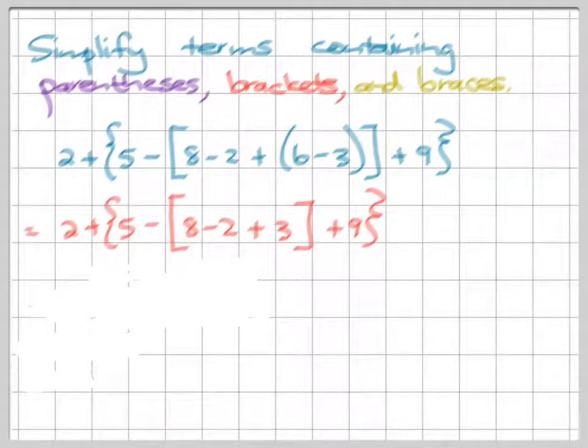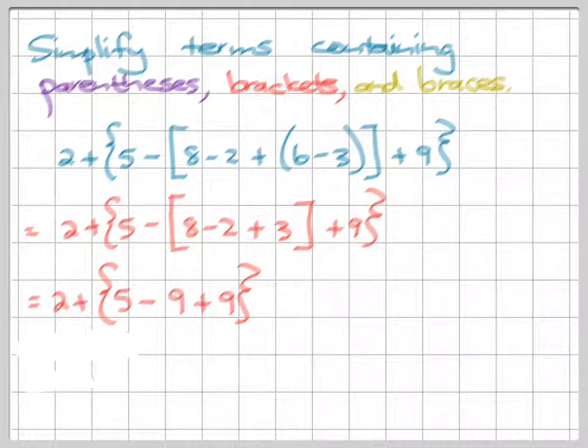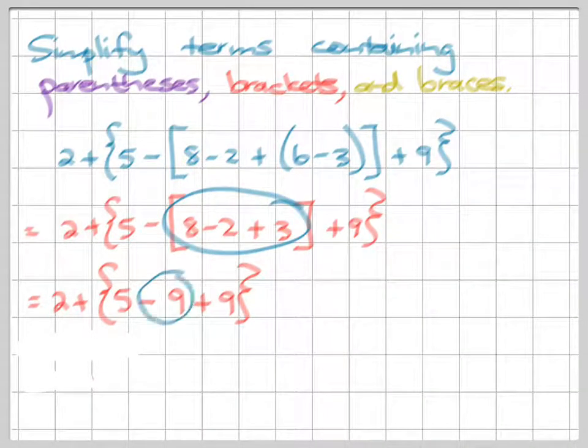Now you can see we have another set in the middle here. We have this one. So that's what we're going to solve next. So we're going to say to ourselves 8 minus 2 is 6, plus 3 is 9. So then we rewrite everything else around it. This has come to stand here. Okay, it's actually a minus 9. I'll tell you why, because do you see that minus sign on the outside?